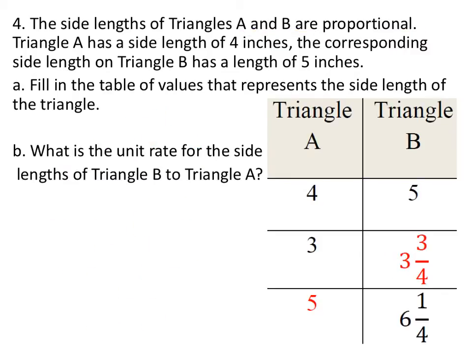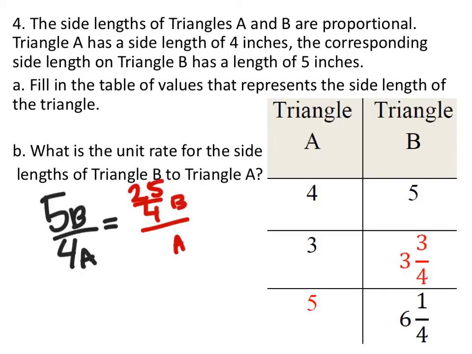Now there's the value for triangle A when triangle B is 6 1/4, but let me go ahead and just set this up again. And I'm going to do cross multiplication again, and so I'll use some of the other techniques a little bit later. And so I have an unknown value, which I'm going to call x, and then I'll use cross multiplication.